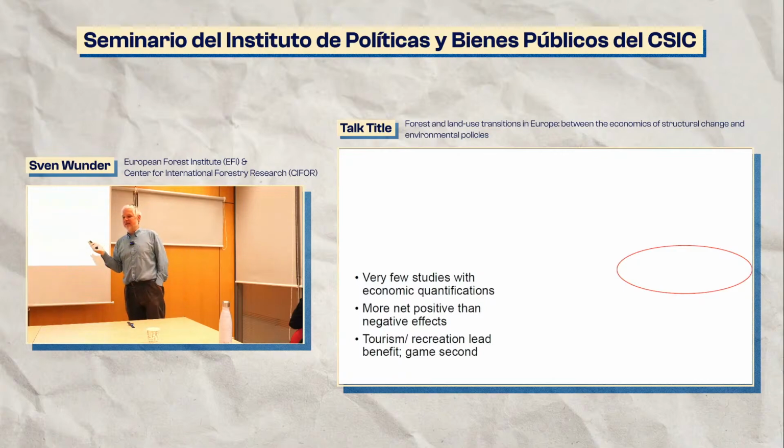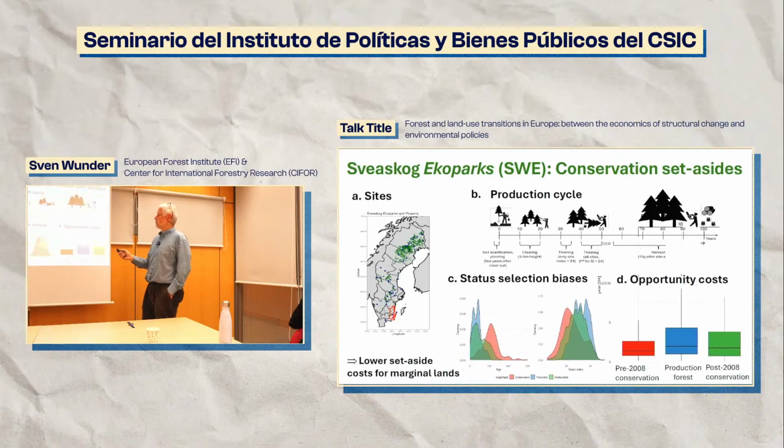It has not been a big focus in the literature. There are clearly more net positive than negative effects till now, and a lot of that comes from tourism and recreation benefit, which again has to do with some of these landscape benefits that I mentioned before.